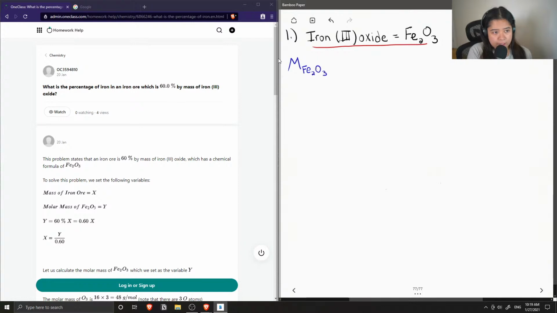So the molar mass of iron 3 oxide will just be 2 times the molar mass of iron plus 3 times the molar mass of oxygen.